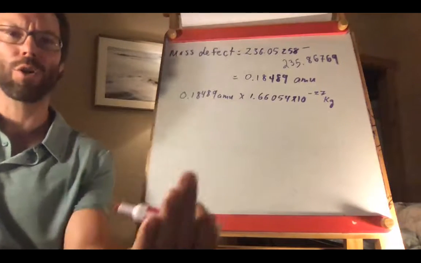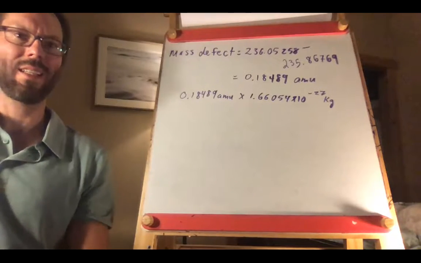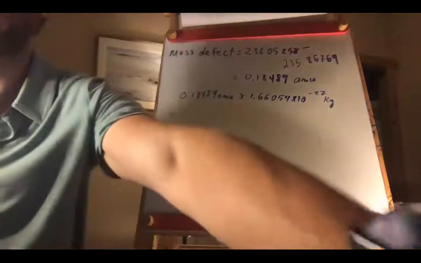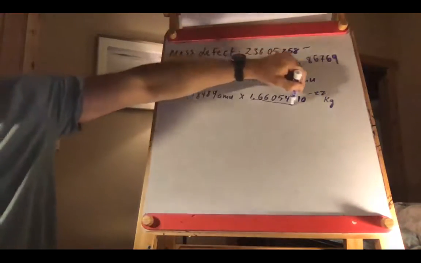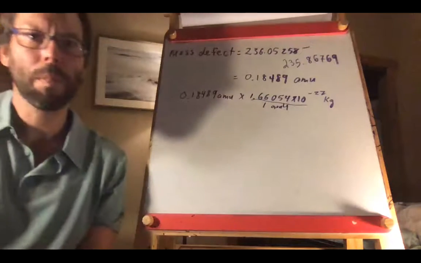Remember that conversion factor is 1 AMU equals 1.66054 times 10 to the negative 27 kilograms per 1 AMU.